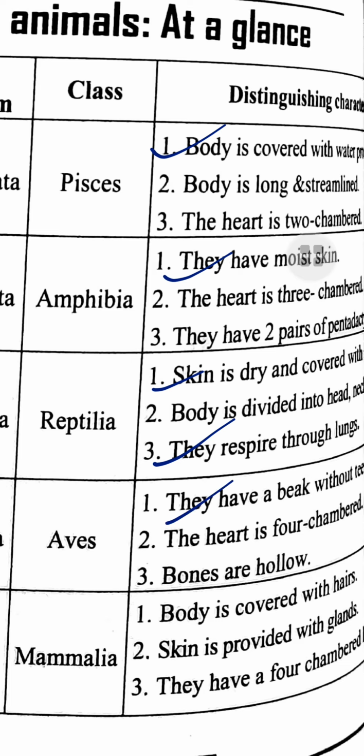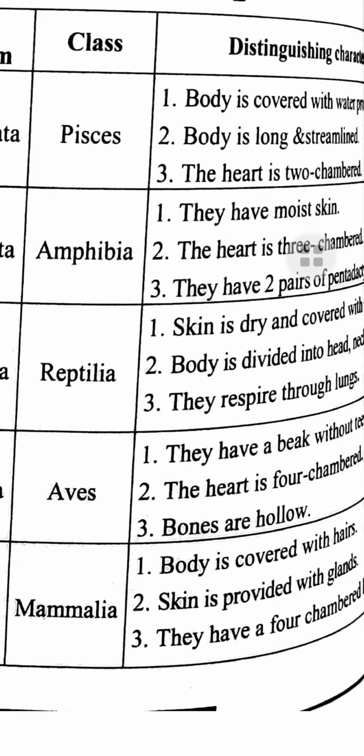Aves, they possess teethless beak. We have discussed, no? So Aves are called glorified reptiles. Why? Because still the birds or Aves contain some characteristics of reptiles and they are evolved from reptiles. Now Mammalia, skin contains glands. They suckle their babies. These are the things to remember.